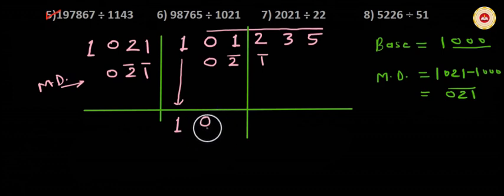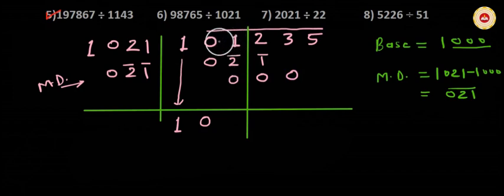Recent quotient digit means last quotient digit. 0 multiplied by 0, 0. Write this 0 below third digit in the dividend, that is third column. 0 multiplied by minus 2, 0. 0 multiplied by minus 1, 0. Now add these 3 digits in third column. Minus 1 plus minus 2.